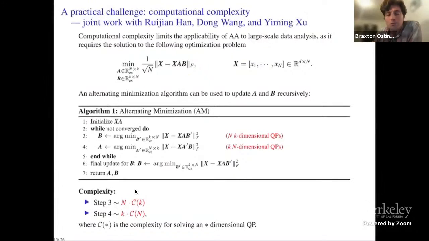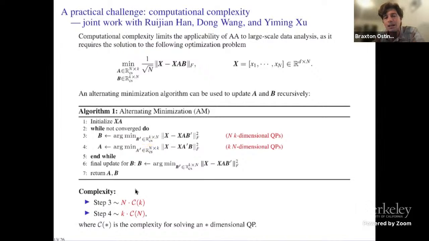Cutler and Breiman already introduced this alternating minimization algorithm where I update A and B recursively. For fixed A, I find B that minimizes this problem. B is constrained to be column stochastic, so that's this notation.